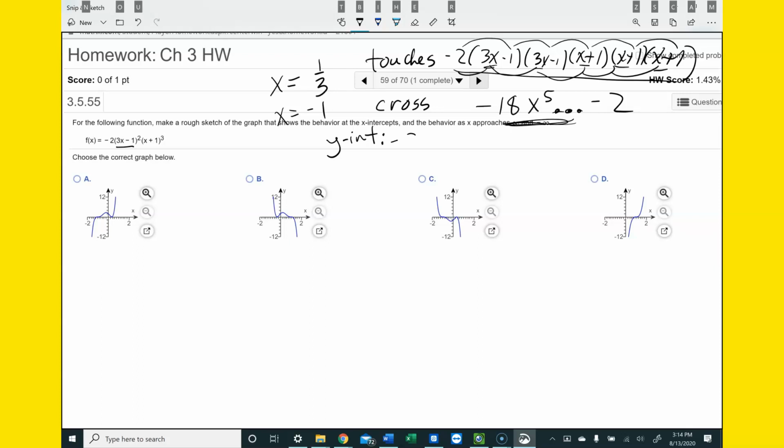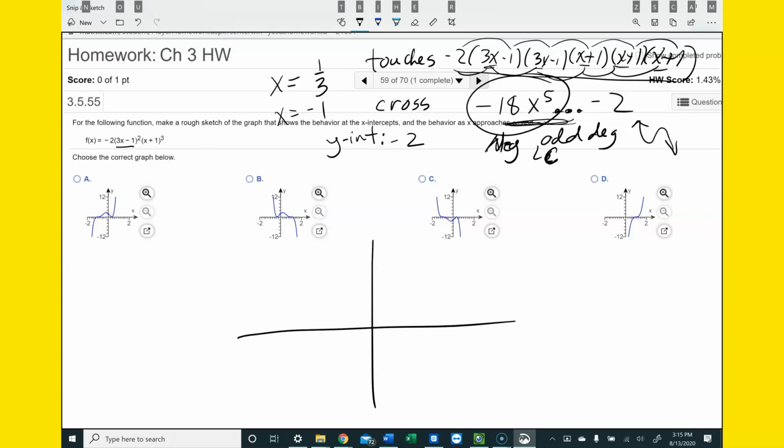So my y-intercept is going to be negative 2. And look at this. What do we have? We have an odd degree, negative leading coefficient. So that's going to have a right arm down, left arm up. So let's kind of draw that rough sketch.